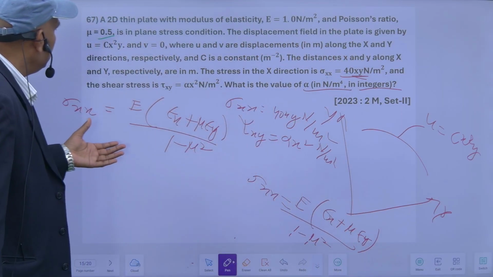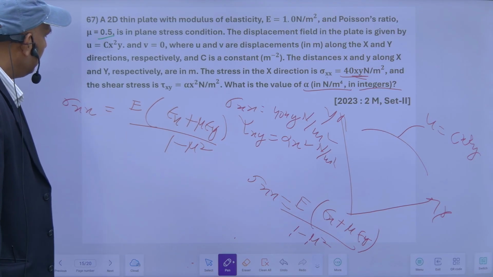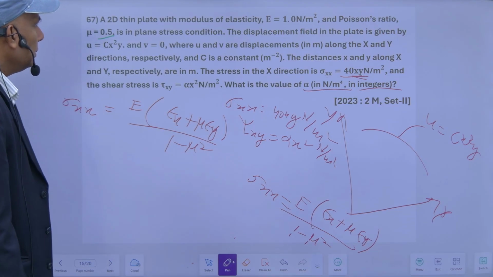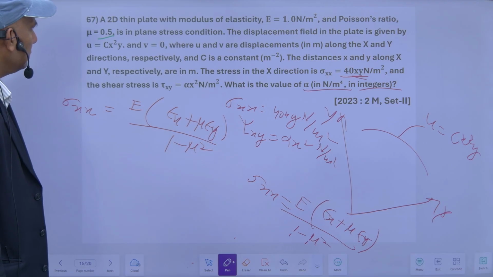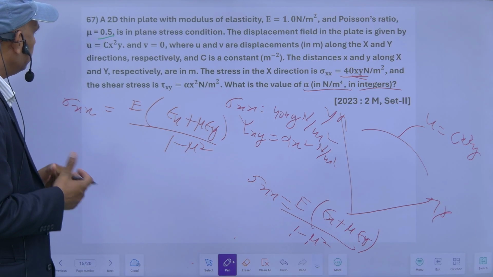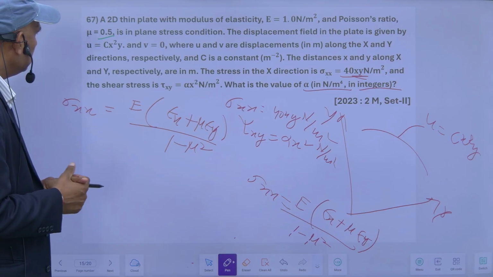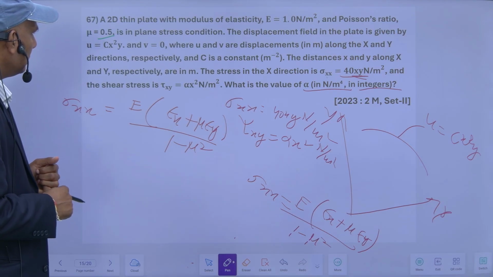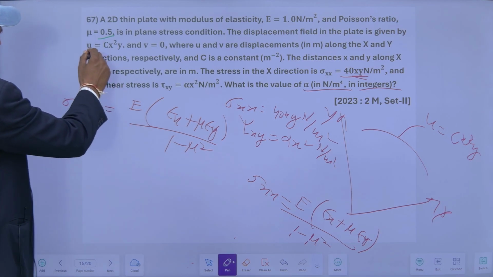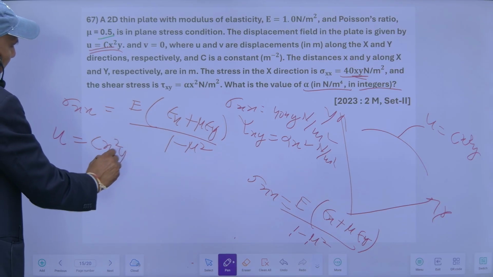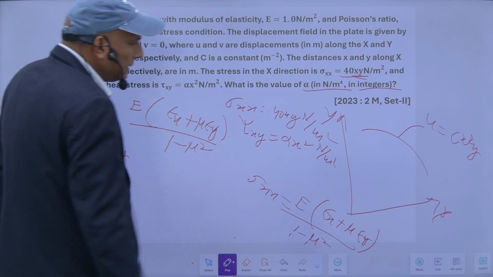So this is the formula for this one, and here u is equal to c x squared y and v is equal to 0.